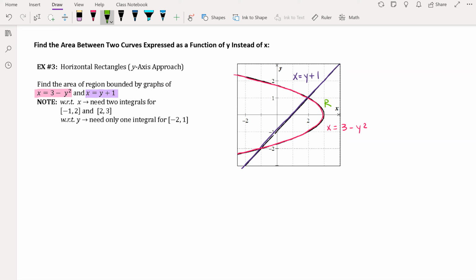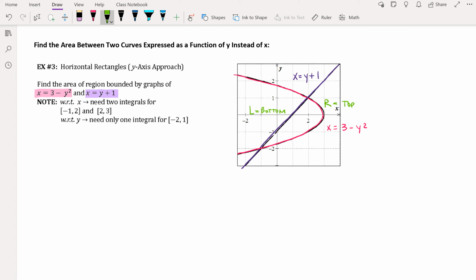Right equals top. And then the purple function would be your left function. Left equals bottom. So I'll show you what we're doing. You're basically going to do the same thing. You're just using y's where you were using x's before, and vice versa.